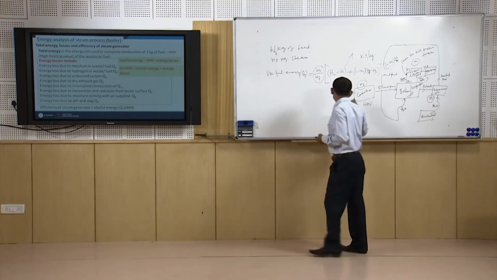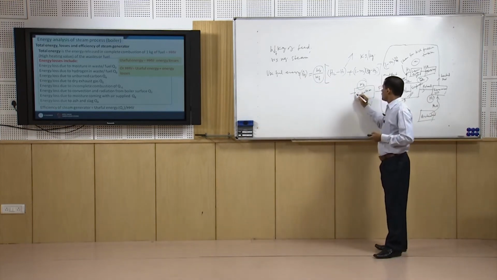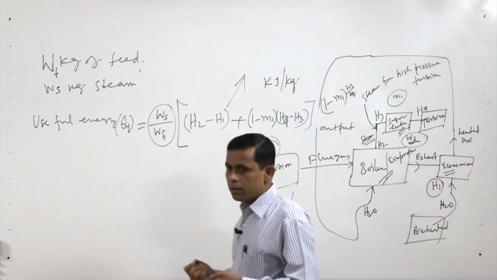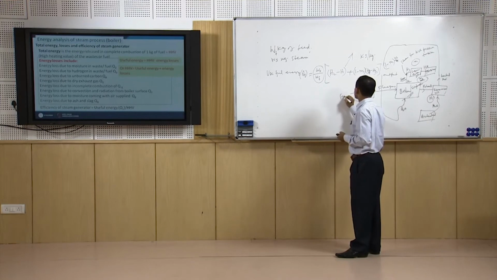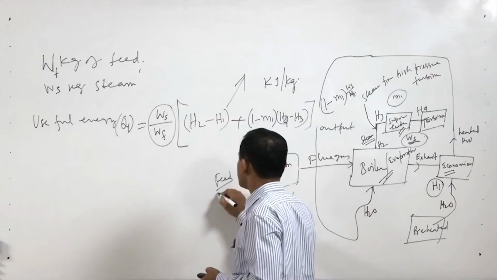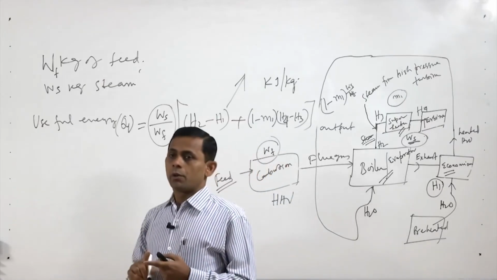The first loss we can get here is if moisture is present in the feedstock, that is, if the feedstock we are using has some moisture or water.